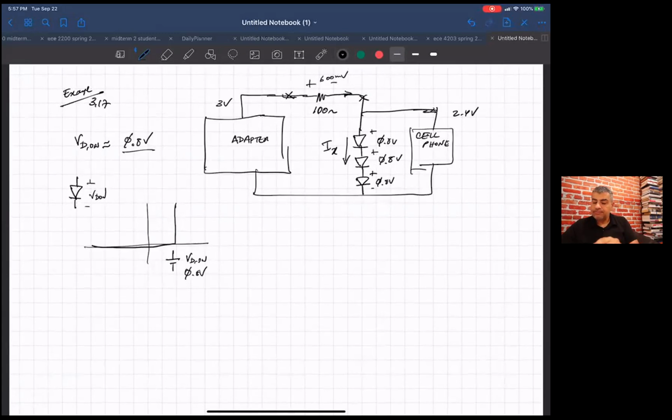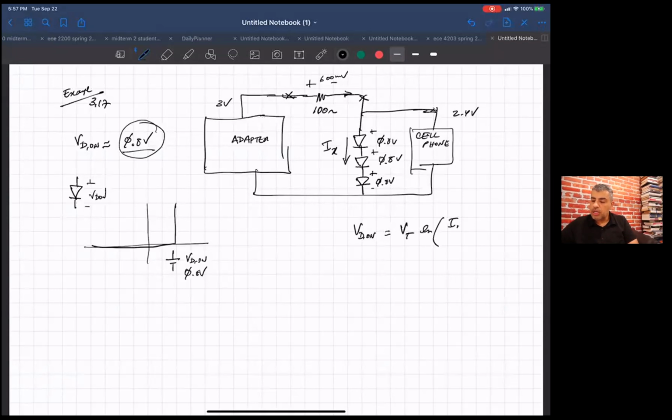We said V_D on is approximately 0.8 volts, but precisely, let's say this is all happening in the lab, so it's room temperature, it's V sub T natural log of I_X over I sub S. Because we're doing this in the lab, V_T is equal to 26 millivolts.